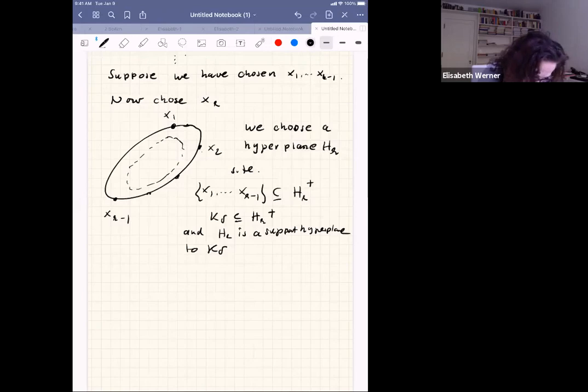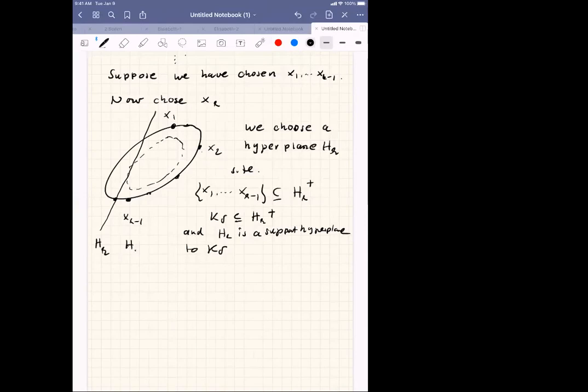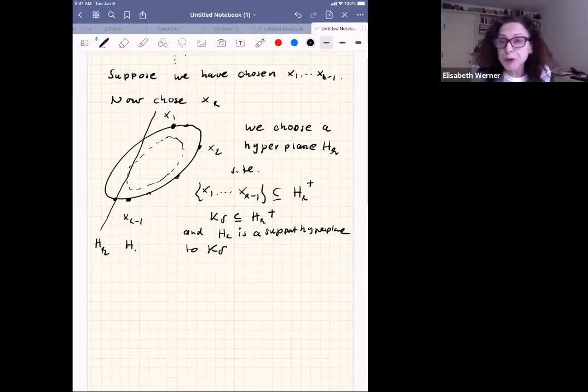Let me move this point a little bit, otherwise I cannot draw it too well. So xk minus 1 is here. We could, for instance, choose the hyperplane Hk like so. Here we assume that it is possible, right? If it is possible, we do that, if we can continue the process.